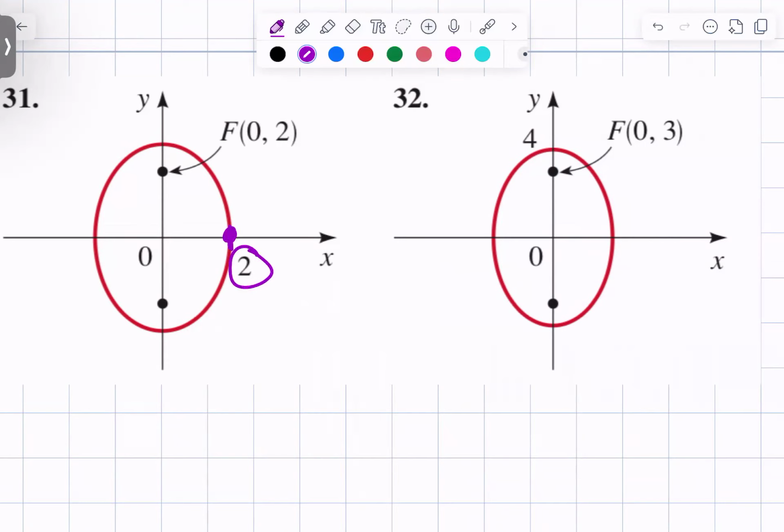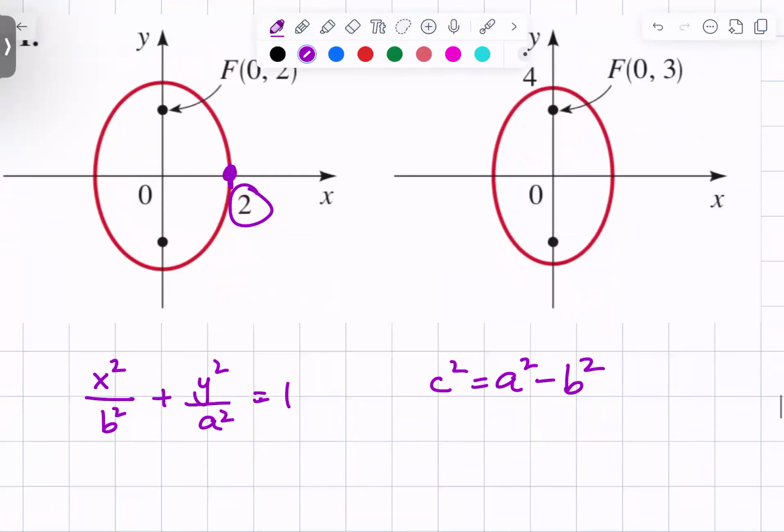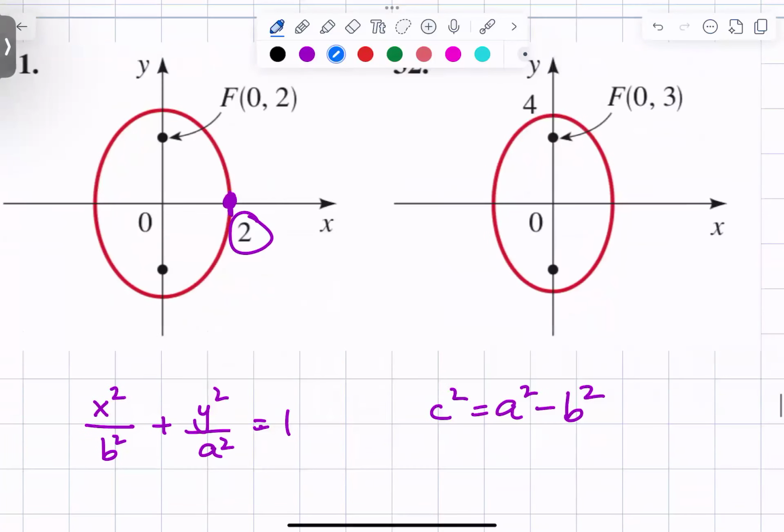Since I know it's a vertical ellipse, x squared over b squared plus y squared over a squared equals 1. I also need to know c squared equals a squared minus b squared, and we're just going to plug in our values. I know here my foci is at 2, so my c equals 2, because it's plus or minus c from the center. And my b value here is also 2.